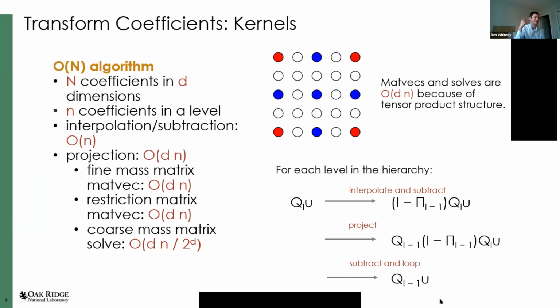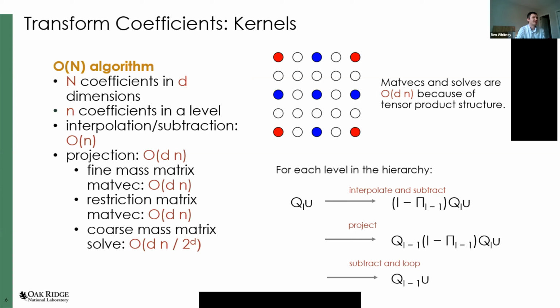That's the object we need for the next iteration of the loop. And then we just progress until we run out of the hierarchy. Okay, so this is all in order n operations. There are efficient ways of achieving each of these interpolation, subtraction, and projection steps.